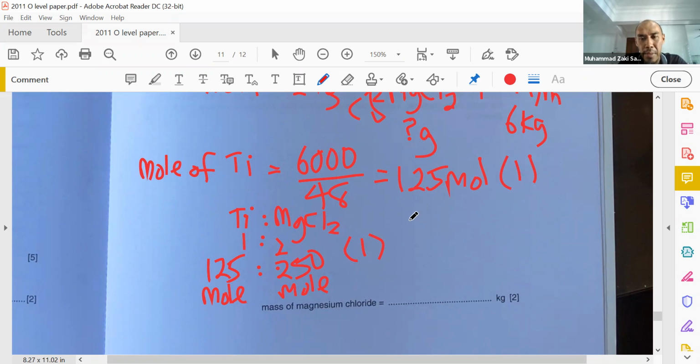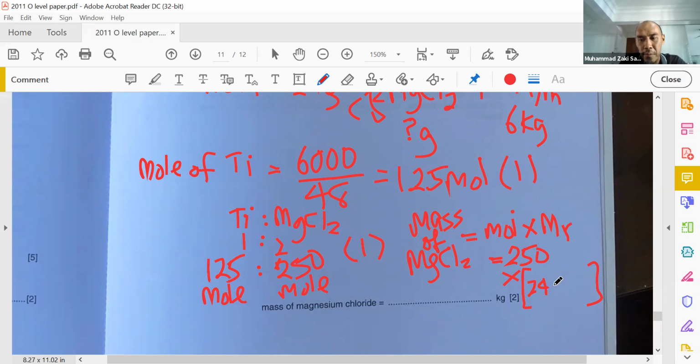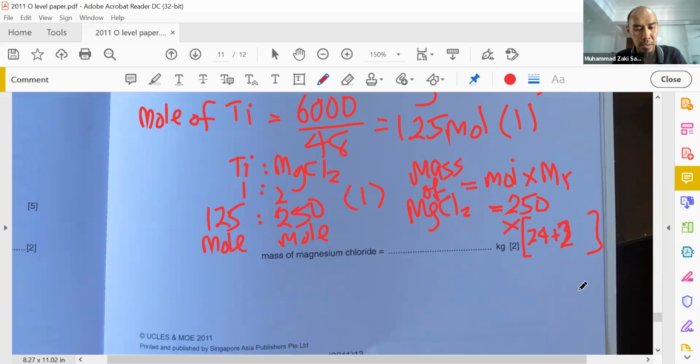Next, you find the mass of MgCl2. Remember, mass equals mole times MR. The mole we have found out is 250. Then the MR of magnesium chloride.